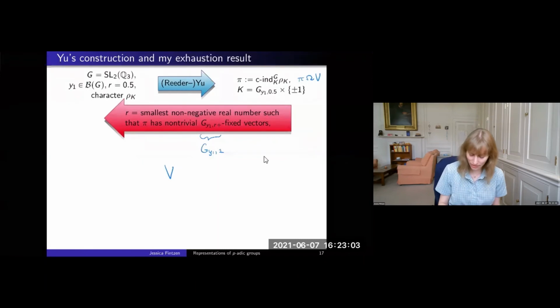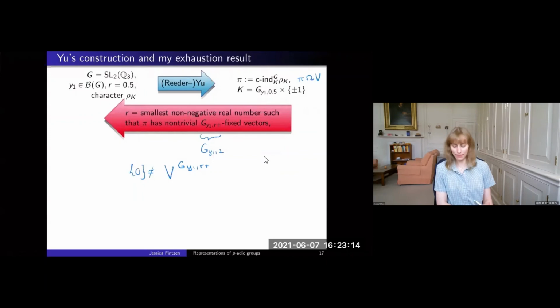And now we know that if we look at the fixed vector under this R plus, or R plus is equal to 1 in that case, we know that this is non-trivial. And so that means that on this, we have the group G_{y,R} mod G_{y,R plus} acting because R plus acts trivially.